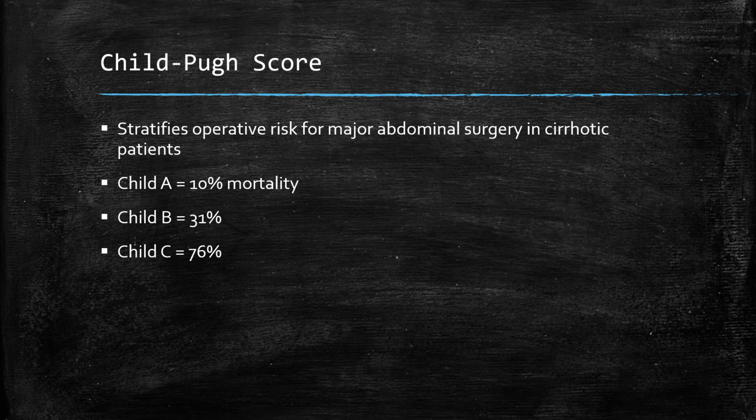The Child B patients are the patients where difficult decisions have to be made. Their operative risk and mortality is about 31%, which is obviously very large. But some of these patients will do well. And so all decisions for Child B patients need to be individualized and made on a case-by-case basis.